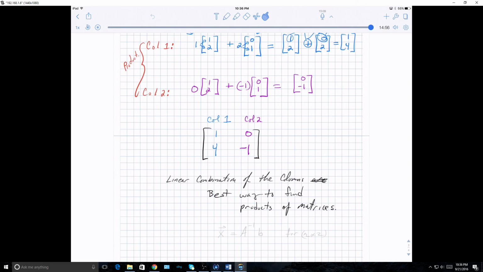And remember, we're going to use this later to solve this very equation for 2 by 2's.